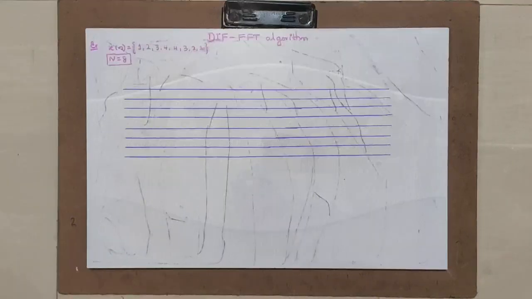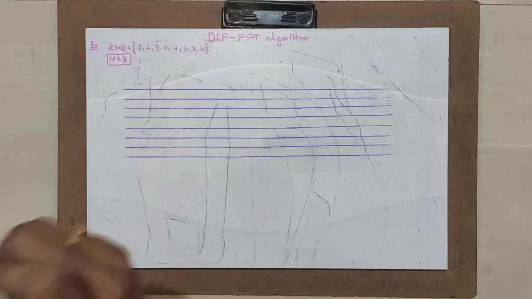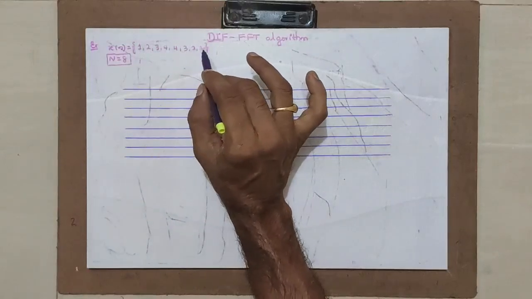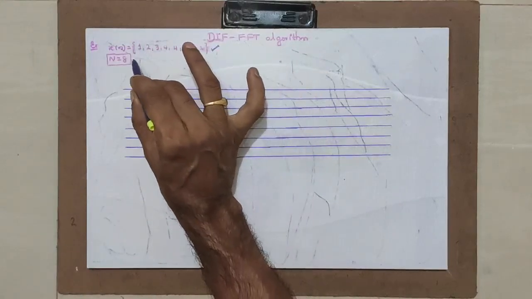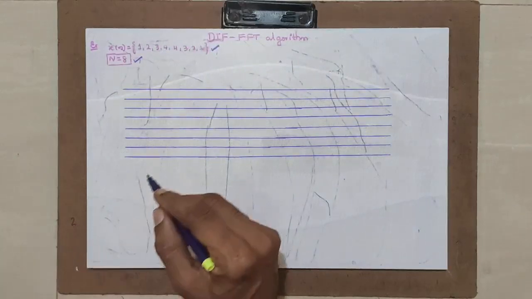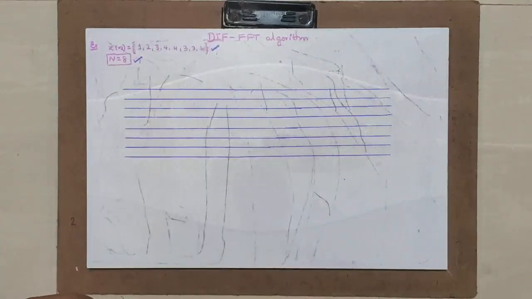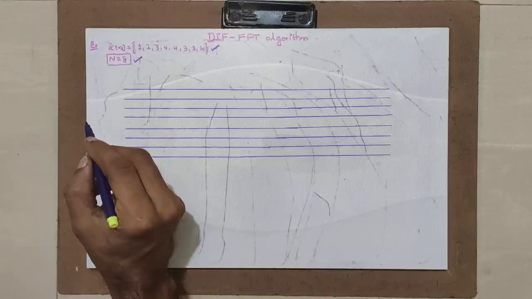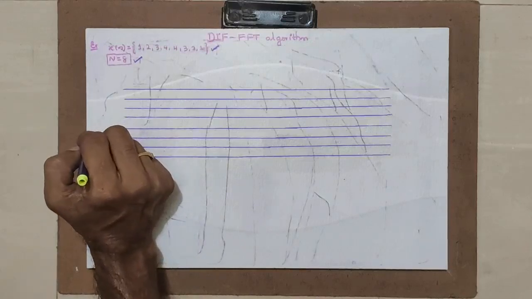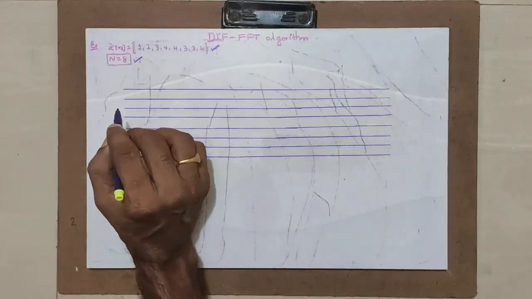Okay students, let me continue with the numerical example on the DIF FFT algorithm. I am taking the same example which we discussed in the earlier video, that is x of n equal to 1, 2, 3, 4 and 4, 3, 2, 1, so n is equal to 8. I have already drawn 8 lines here so that the flow diagram can be demonstrated. First, enter x of n onto the flow diagram. It comes serially here, with no decimation on the time side.